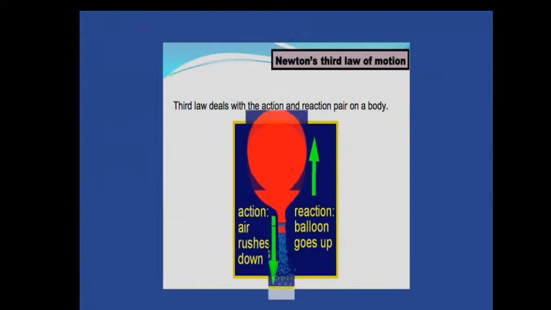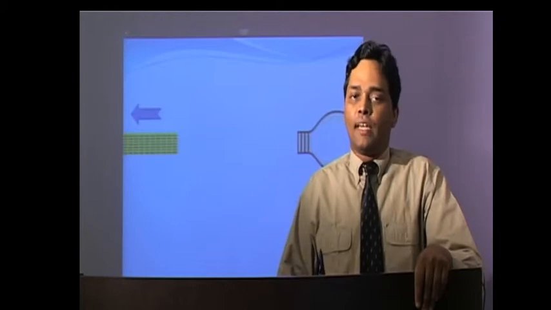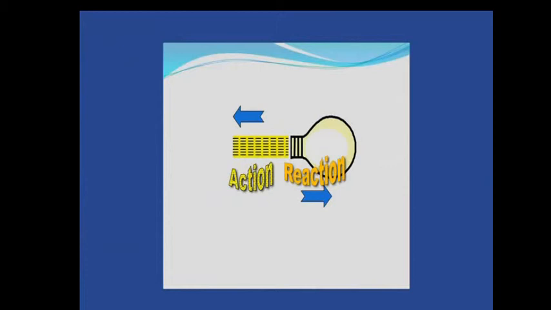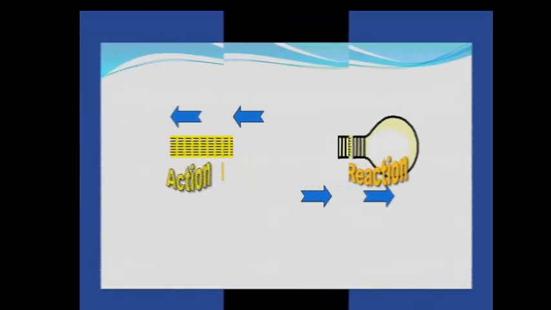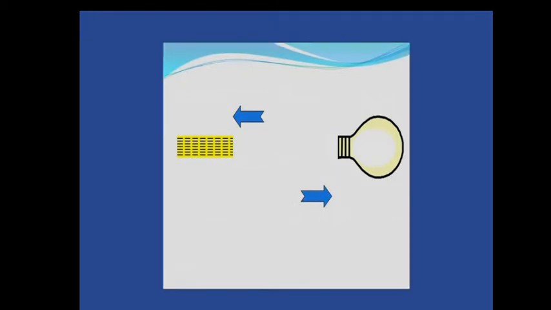So the force acting downward because of the air coming out is equal to the force acting to take the balloon in the upward direction. Here is a simple example which shows the following: the air gushing out of the balloon towards the left and the balloon going towards the right. So the action is the air going towards the left and the reaction is the balloon going towards the right.